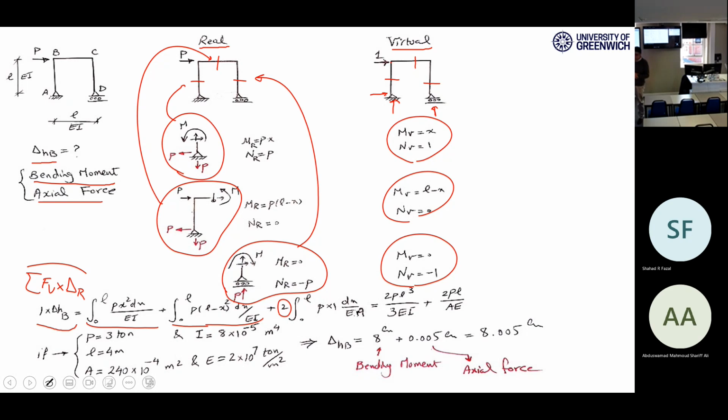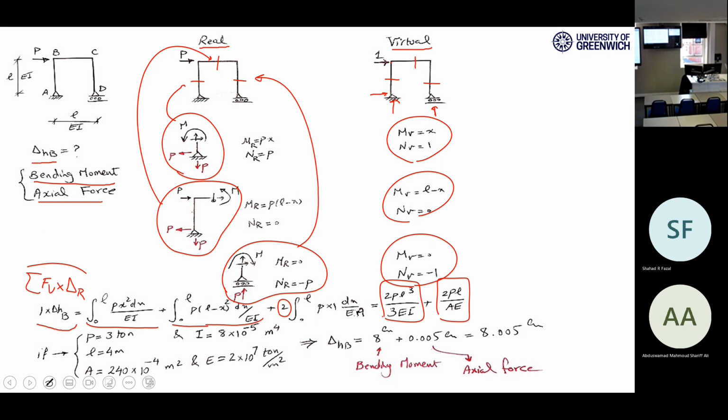When you combine 2 integrations for bending moment, you can write them like this. Those integrations which have EI correspond to bending moment. The integration with EA is related to the axial force, right? So nothing is unknown in the right-hand side. Right-hand side is just integration, and you need just really to integrate some polynomials. So if you do the integration and combine the first 2, you will come up with this one.